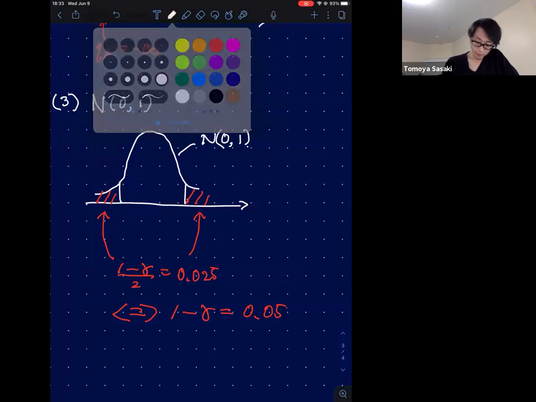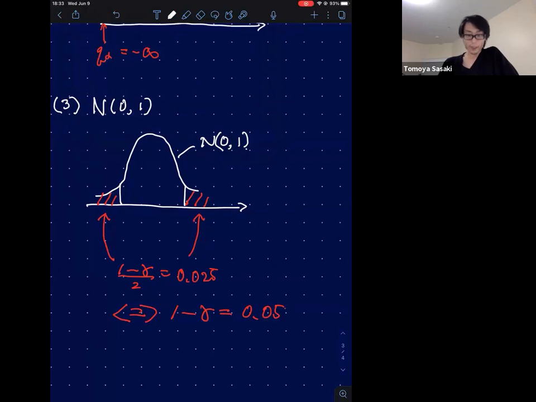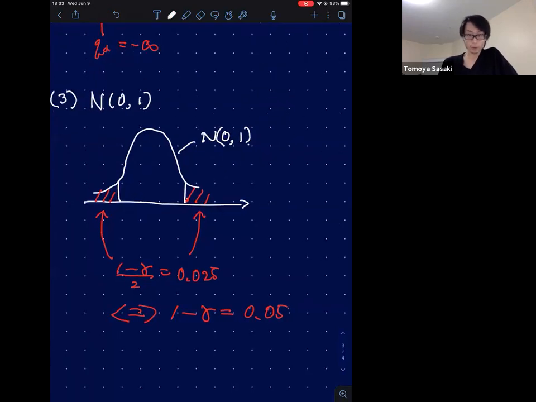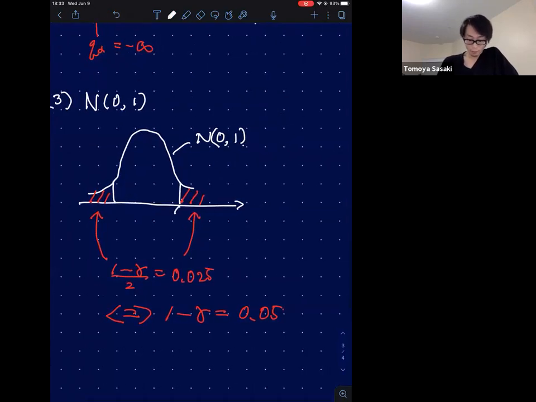What then, so we're still looking at the tail of this distribution, and what is the alpha value that's going to come here when we want to look at this value?